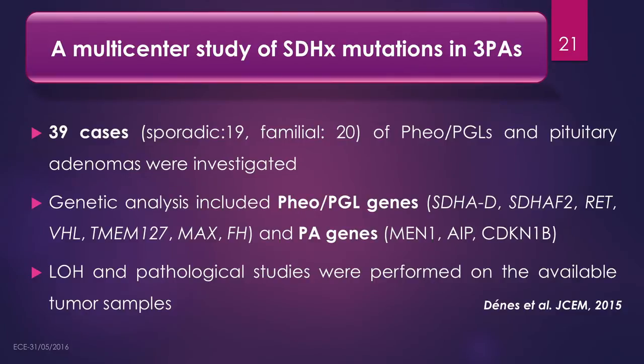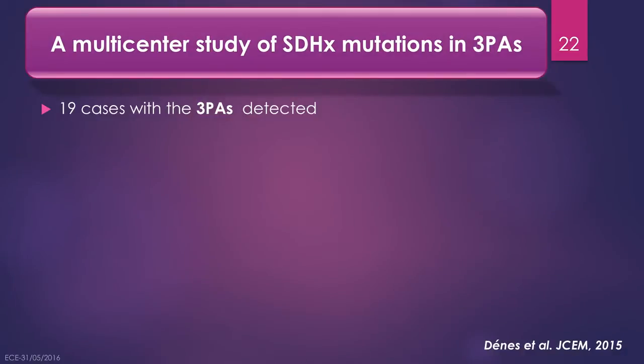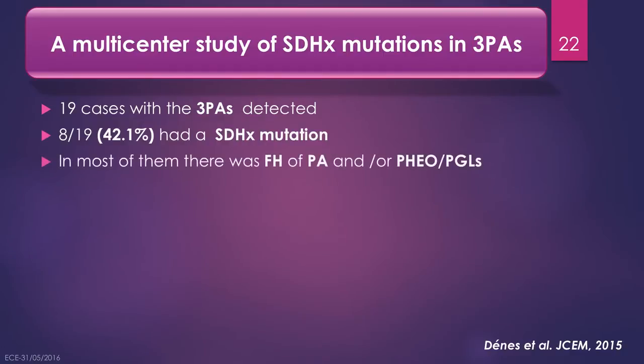They also performed LOH studies and pathological studies on the available tumor samples. They identified 19 cases with 3PAS. 8 out of these 19 cases harbored a succinate dehydrogenase mutation. In most of them, similar to our observations, there was a family history of pituitary adenoma or pheochromocytomas and paragangliomas.